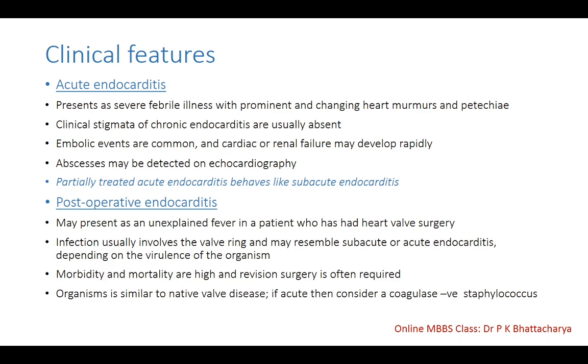These are usually absent. Embolic episodes are much more common, and cardiac and renal failure may develop. Abscesses may be detected on echocardiography. Sometimes partially treated acute endocarditis often behaves like subacute endocarditis, but the treatment should be more vigorous, like in acute varieties.